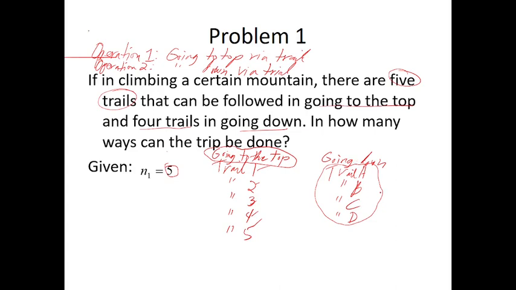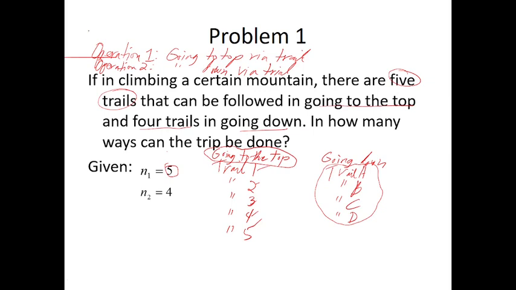There are 4 possibilities, and I can choose any of the 4 trails. Therefore, since I have 4 options, there are 4 ways in performing operation 2. In going to the top, I have 5 options, meaning there are 5 ways in going to the top of the mountain.